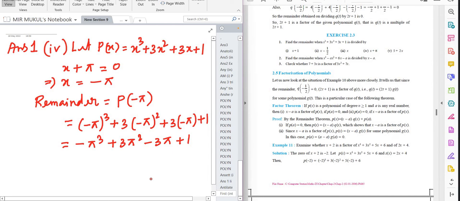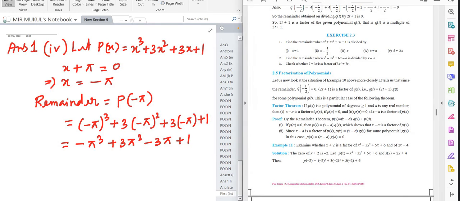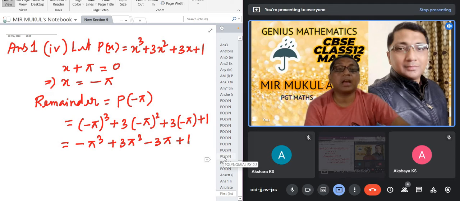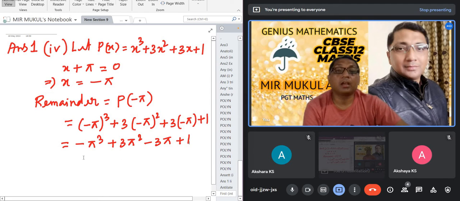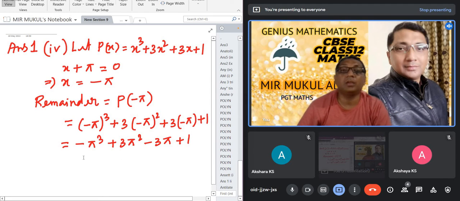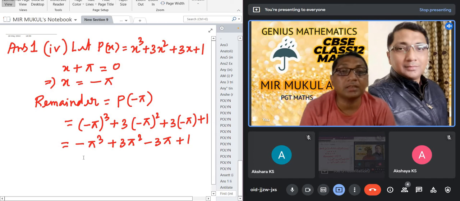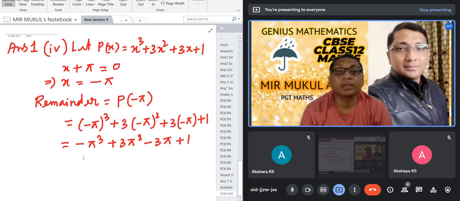Okay, Akshara, check the answer. We can't do anything because pi is an irrational number. Okay, so like that only we have to keep. Just check the answer from the backside. Is it correct or not?